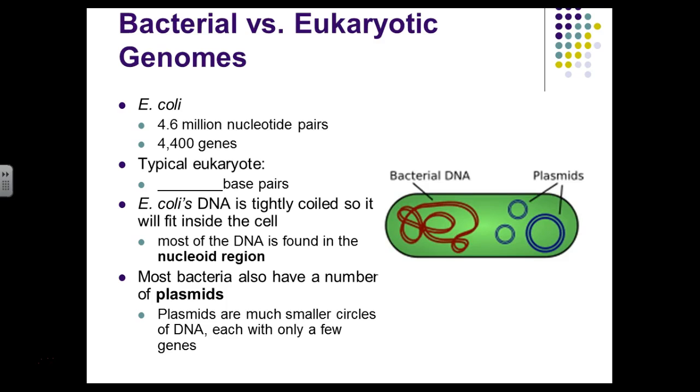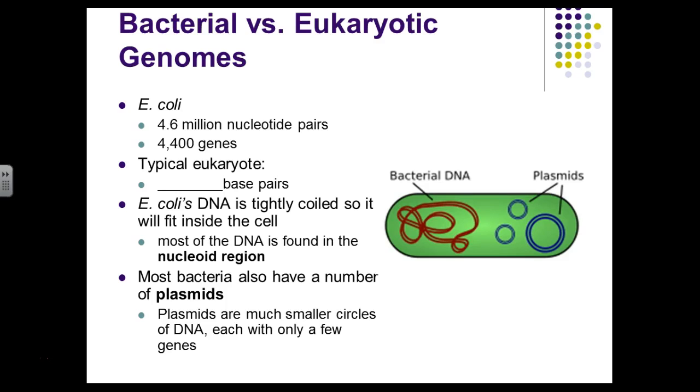Now, do you need to memorize that value? No. Just know that that's much, much smaller than what your chromosomes would have. Within that 4.6 million nucleotide pairs, you'd have about 4,400 genes in that E. coli. A typical eukaryote, we've got a blank here, so think about it. How many nucleotide pairs do you think a typical eukaryote would have in their 46 chromosomes, or however many chromosomes they have?